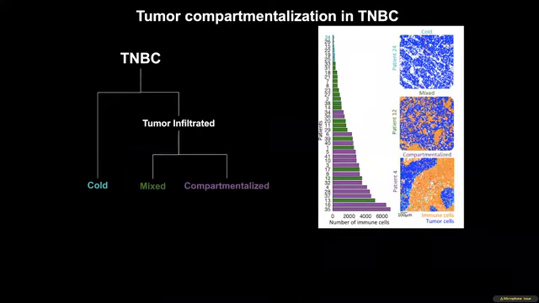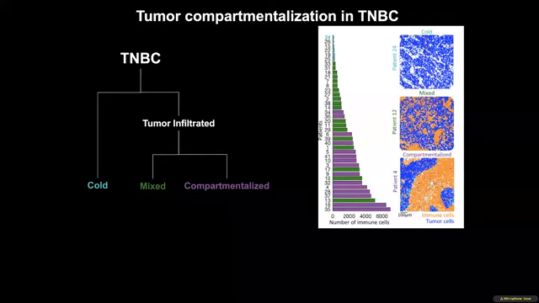But within that class of infiltrated tumors, you could actually break down the tumor infiltrated tumors into two main buckets. One is mixed, which is like we showed, where tumor cells and immune cells are much more dispersed together, and the other is compartmentalized, where they really are preferentially walled off from one another.